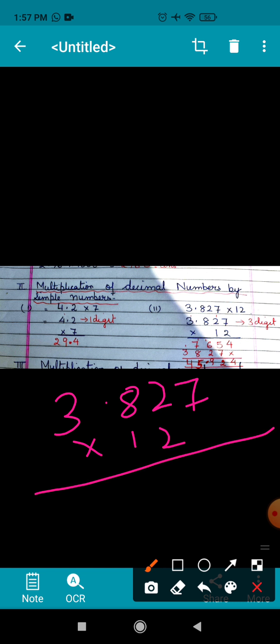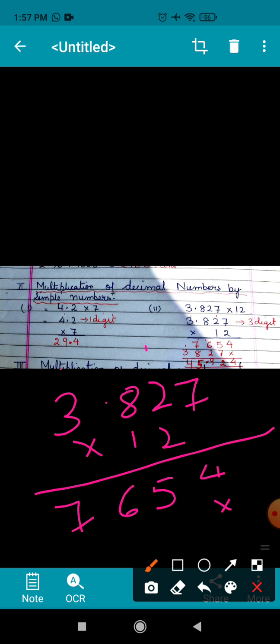Now the second example, 3.827 multiplied by 12. As I told you before, we will do simple multiplication. 2 sevens are 14, 4, carry over 1. 2 twos are 4, 1, 5. 2 eights are 16, 6, carry over 1. 2 threes are 6 and 1, 7.